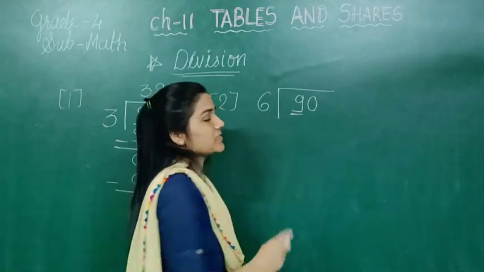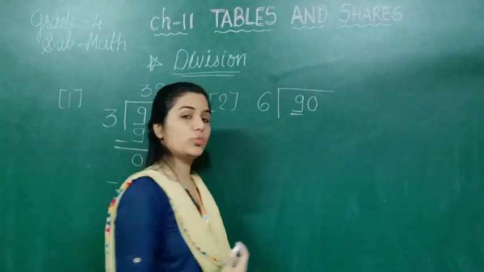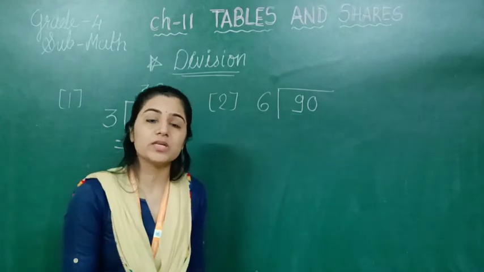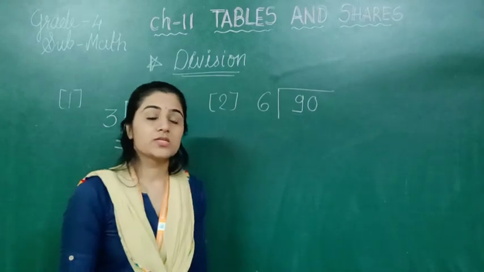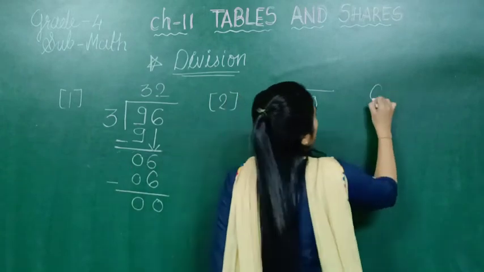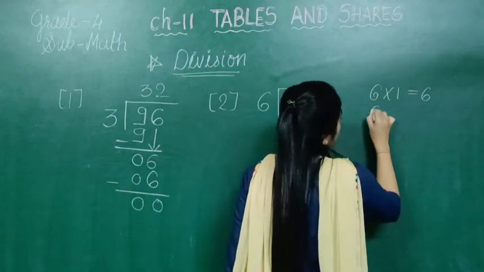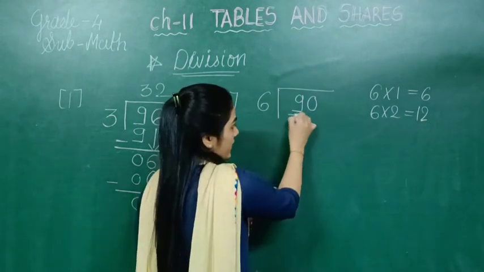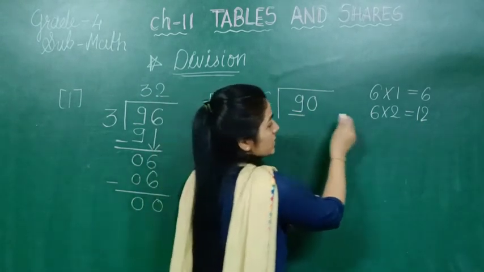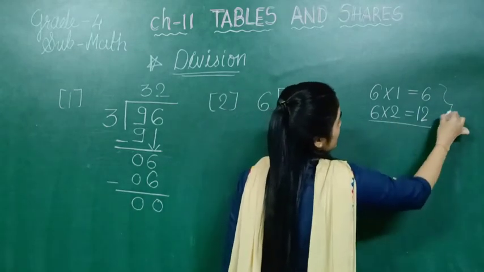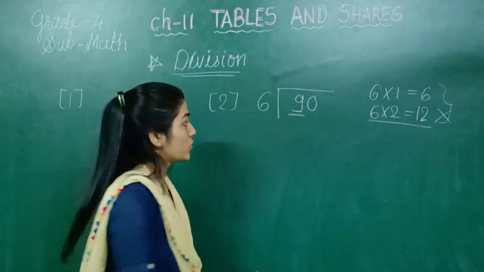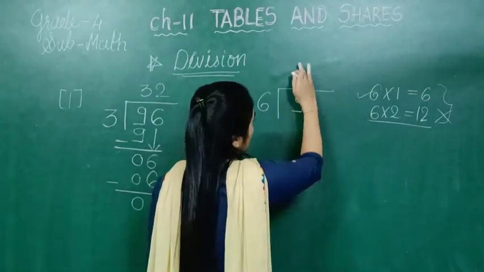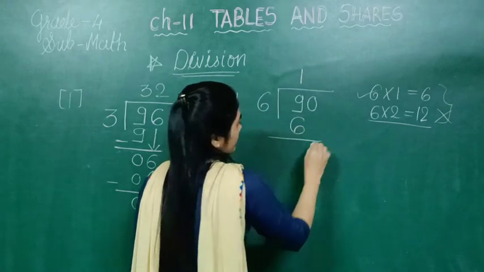In the table of 6, 9 is not coming, so we have to take the smaller number than 9. If I write the table of 6, 6 1s are 6 and 6 2s are 12. So if we take the first digit 9, from the table of 6, 6 2s we can't take. Obviously we have to take 6 1s are 6.